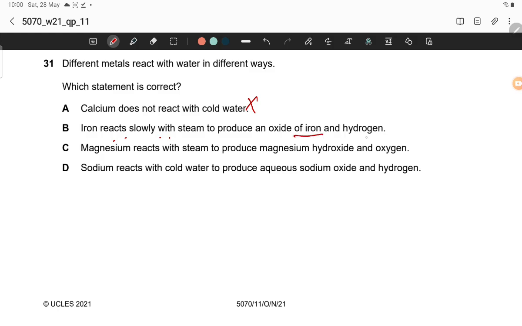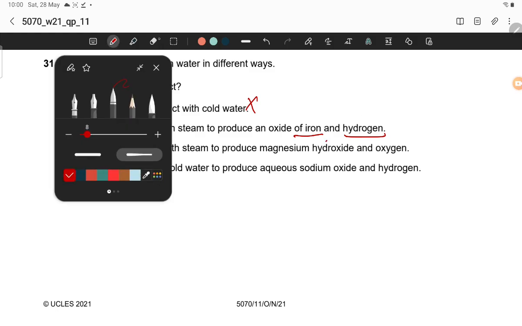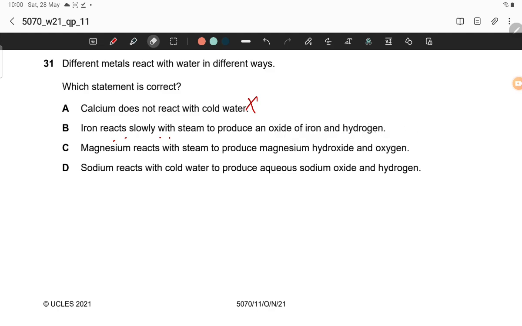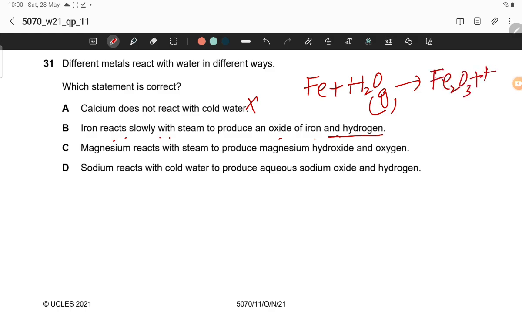Yes, this is correct. Two products are formed: H2O gas gives Fe2O3 plus H2. So this is correct.